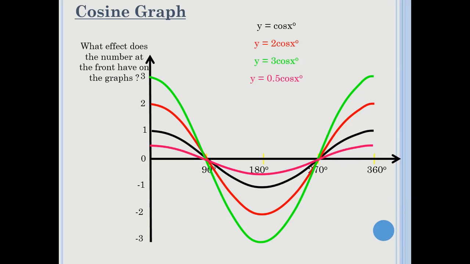So again, the effect that it has is it's either stretching the graph in the y direction or compressing the graph in the y direction. And also, the same as the sine graph, if we have a negative in front of the cos, then it produces that mirror image of its positive equivalent.